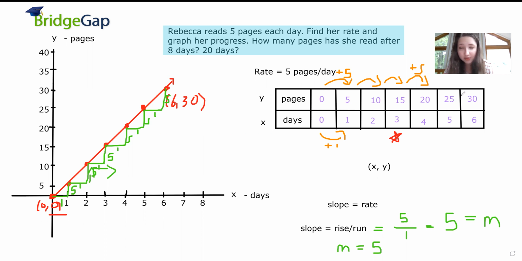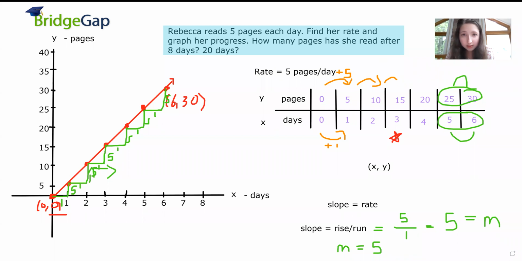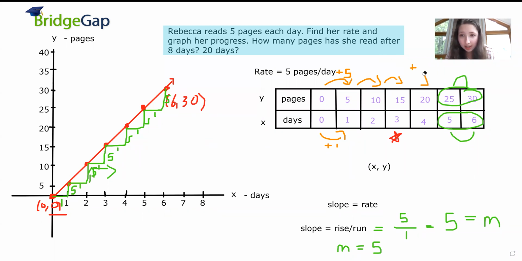Another way you can determine this is figuring out the change between 2 points. So in this case, we want to find out the difference between these two, the difference between these two. Now we've already determined this, right? We know that we go up 5 on the top for pages and we go up 1 on the bottom for days. But let's say we didn't know that for right now. Here we can get rid of all this. Well, what we could do is we could subtract.